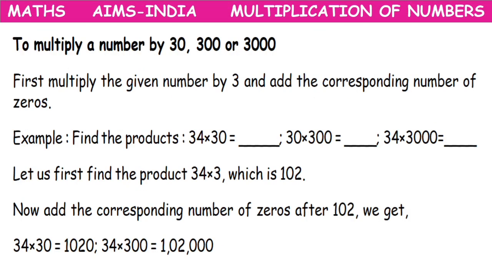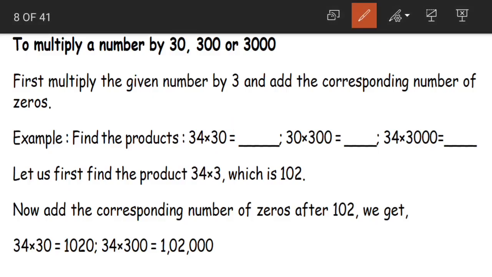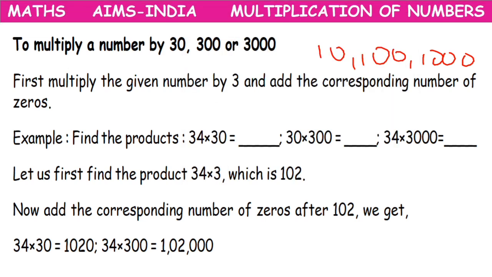Next, moving on to multiplying a number by 30, 300 or 3000. Yes, first what did we learn? 10, 100 and 1000. So in the same way, let us learn how to multiply a number by 30, 300 or 3000. Yes children, this rule is not only applicable to 10, 100 or 30, 300.